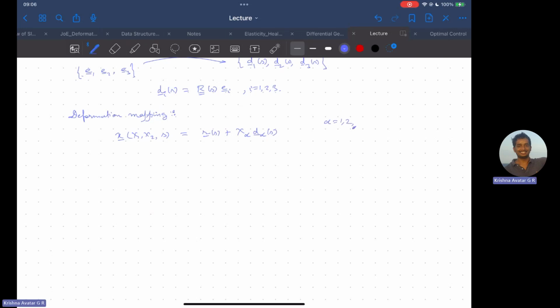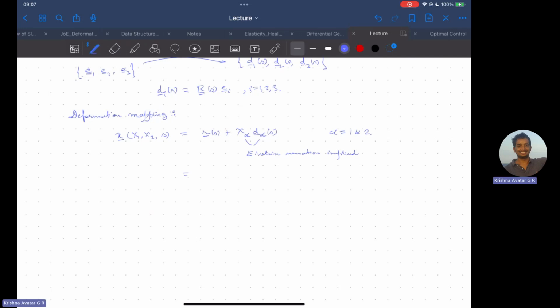Since alpha appears twice, it means implied summation, the Einstein summation convention. And alpha can take values of 1 and 2.